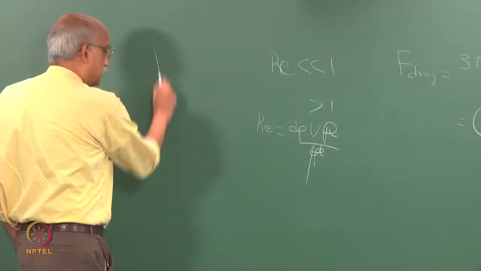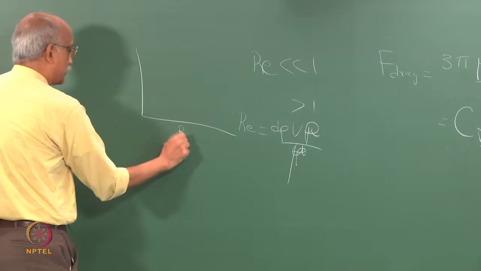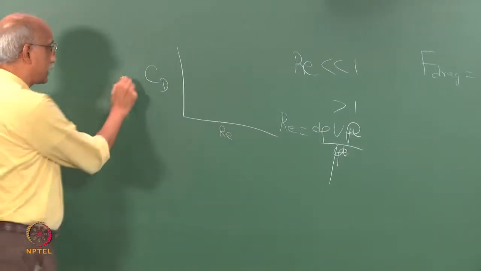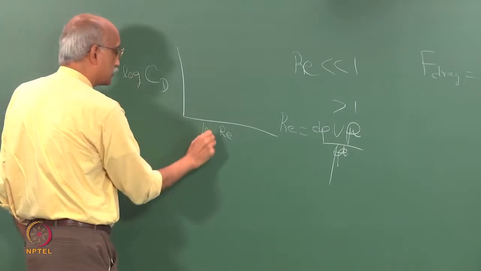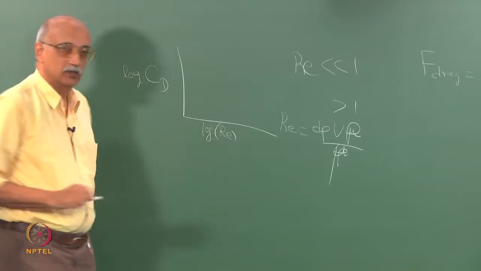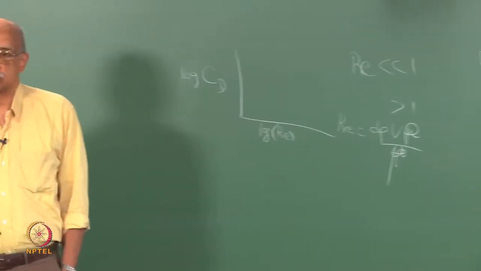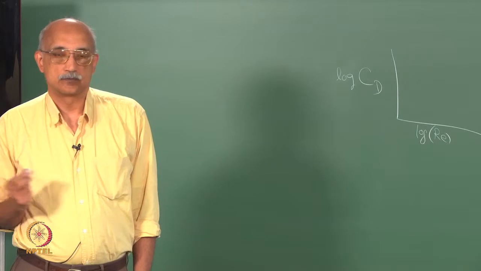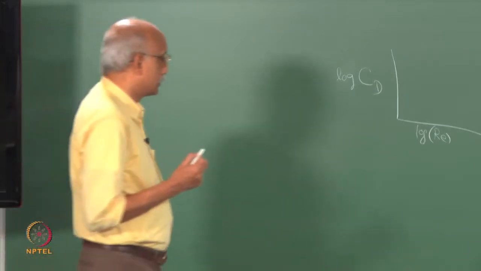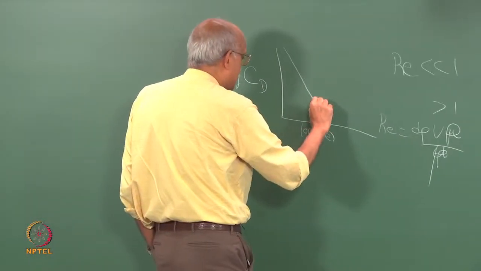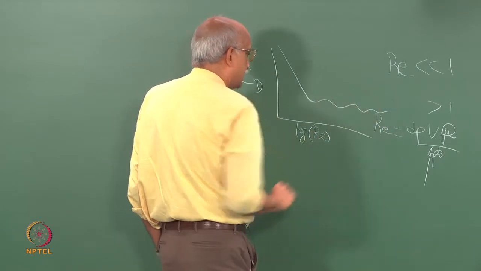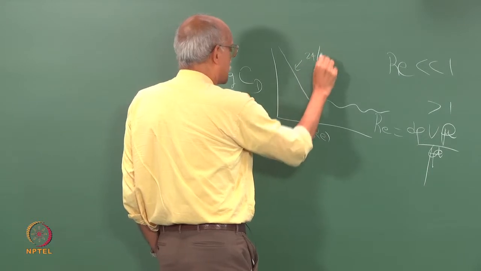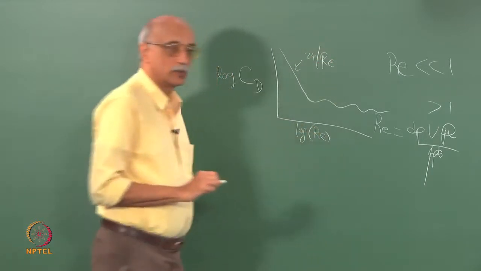If you plot Reynolds number versus CD in log coordinates, any idea what the dependence would be? Have you dealt with this in fluid mechanics or somewhere? Basically there is initially a linear slope, and then it kind of oscillates, and this represents a dependence of 24 by Re.